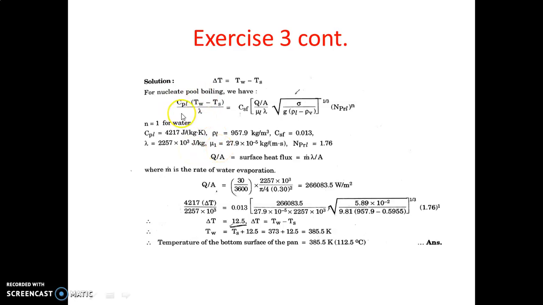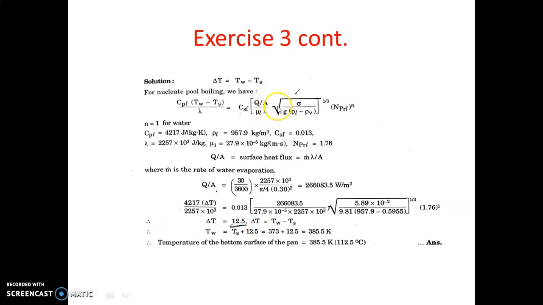So the left hand side is over. Then CSF is nothing but the surface-liquid combination constant. Here the surface is copper and the liquid is water, so CSF is given as 0.013, which you have to mention here.